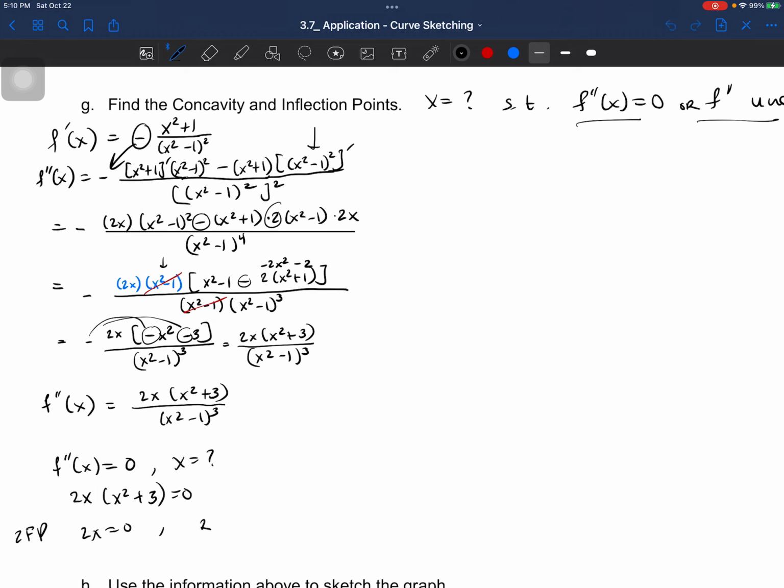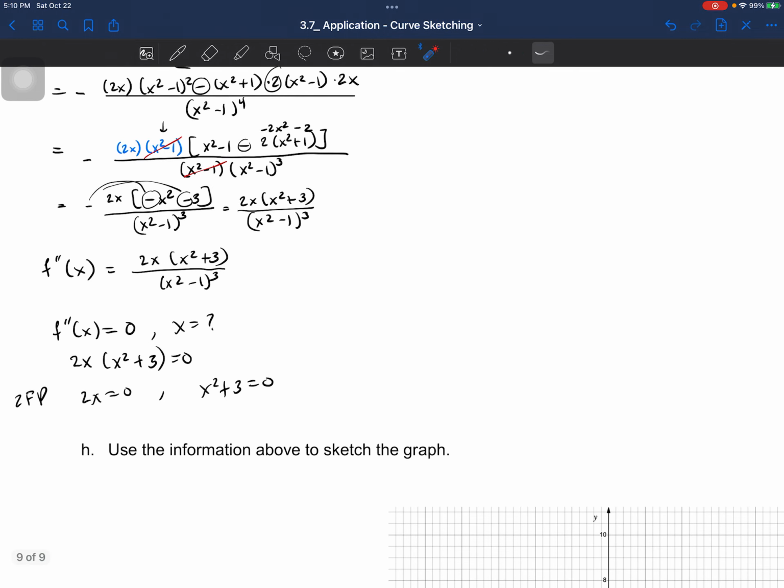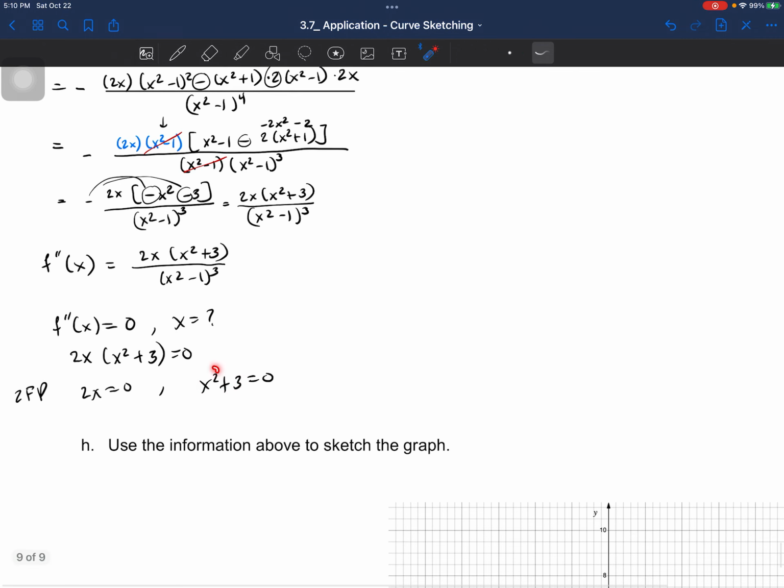By the zero factor property, we have 2x equals 0, and x squared plus 3 equals 0. Now we can argue here real quick that this cannot equal 0. Why? Because you have a positive number and then you're adding another positive number.